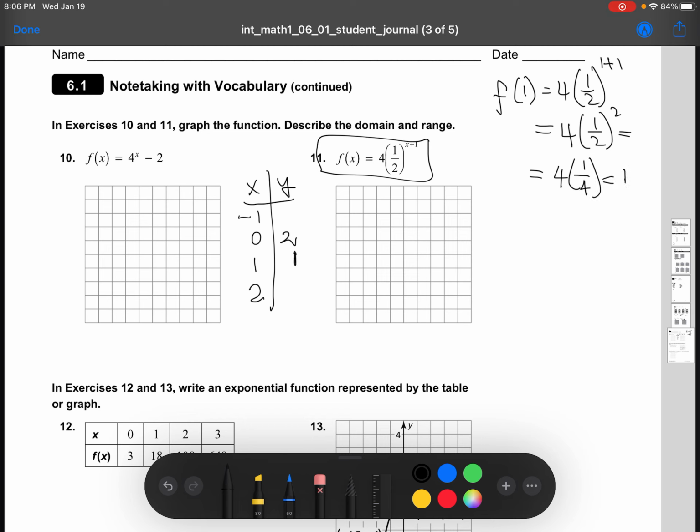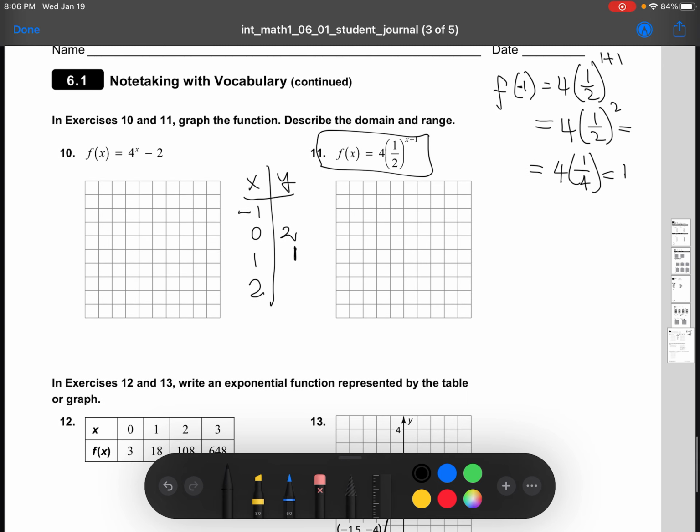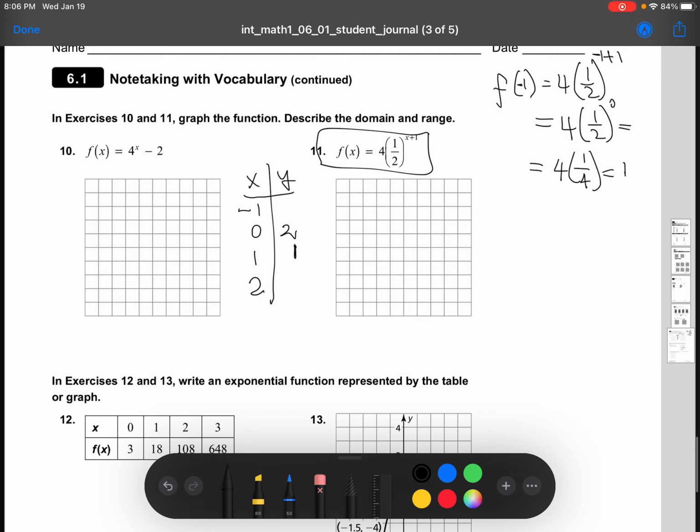I just noticed that I made a mistake, right? Because if we had -1 right here, this was -1, and this should be a 0, right? And remember that anything raised to the 0 power is 1. And 4 times 1 is 4, so I'm going to write it right here, okay? 4 to 1.